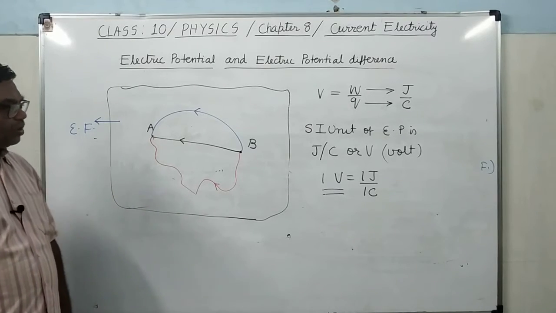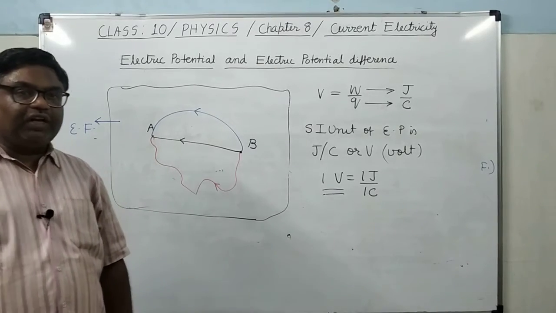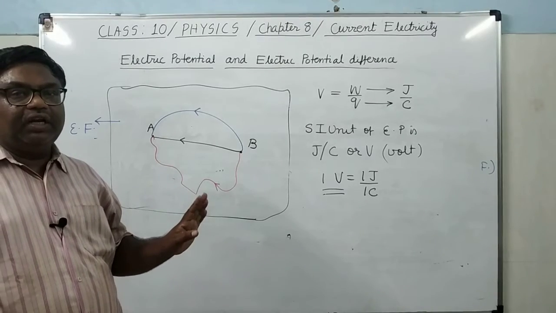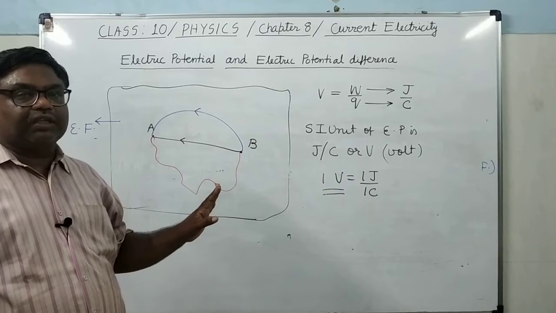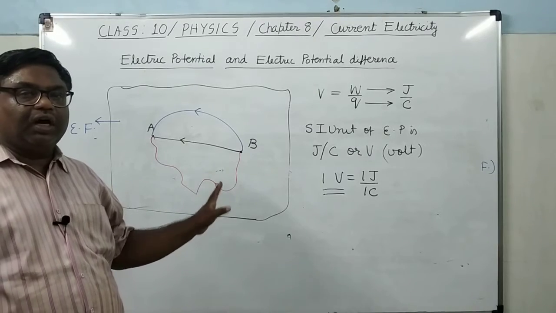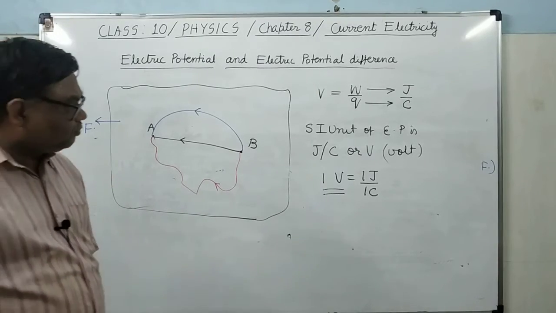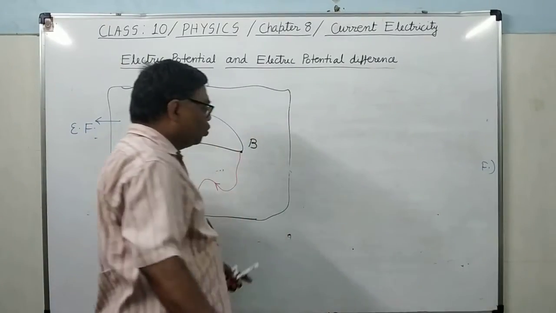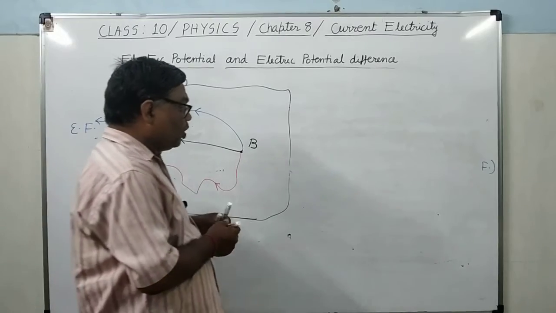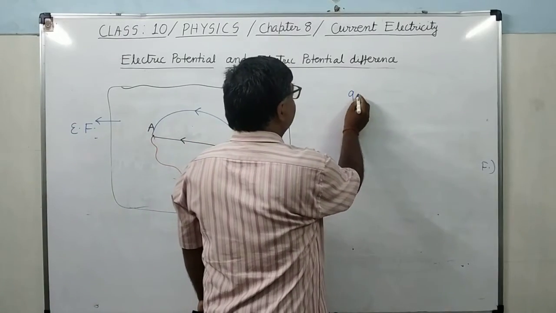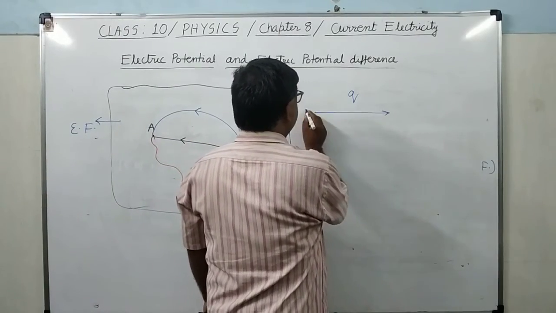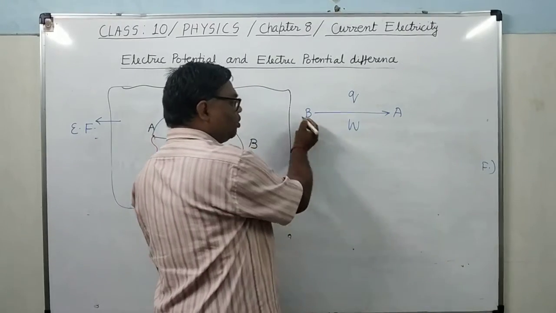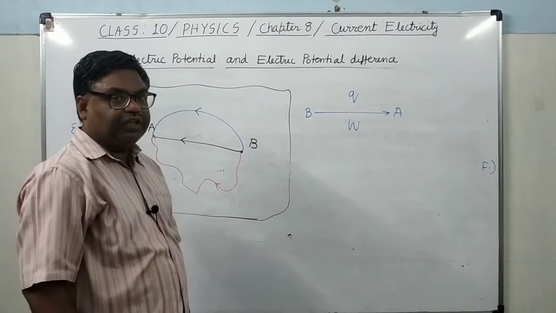What is the electric potential difference between any 2 points of an electric field? It is defined as the work done in carrying 1 coulomb charge from one point to the other. Suppose on moving charge q from point B to point A, work done is W. Then what will be the potential difference between these 2 points?